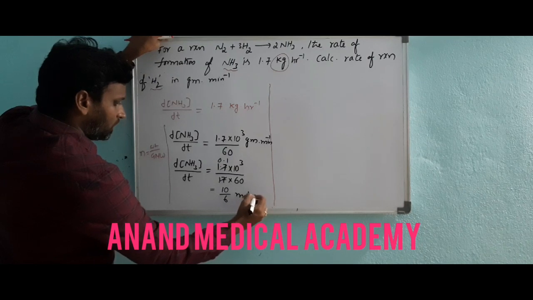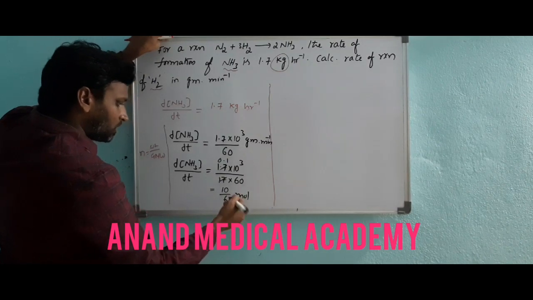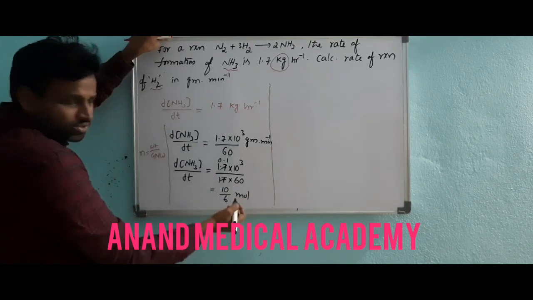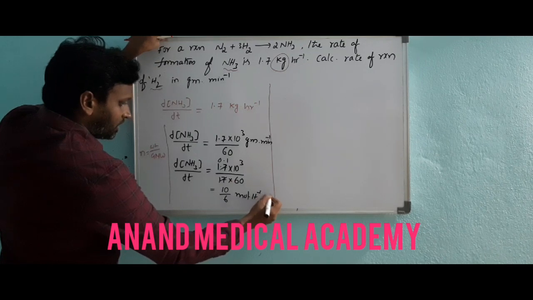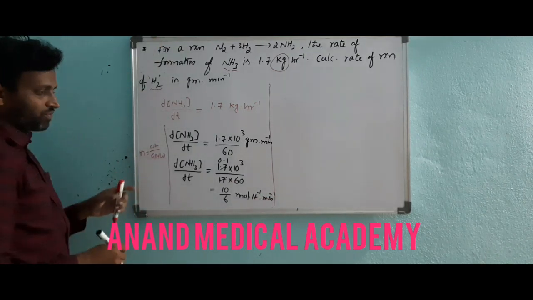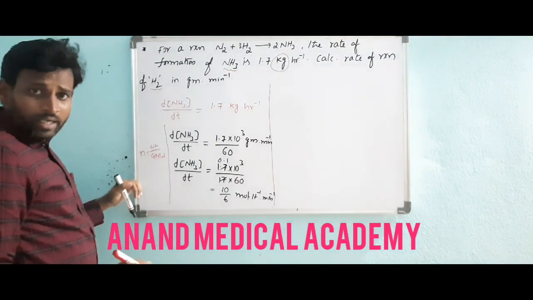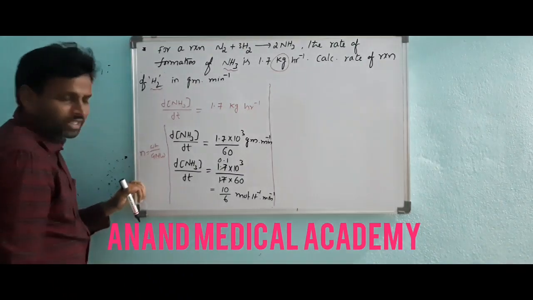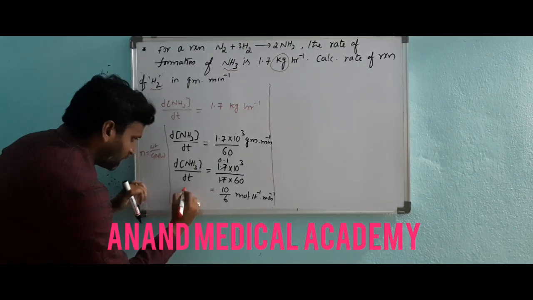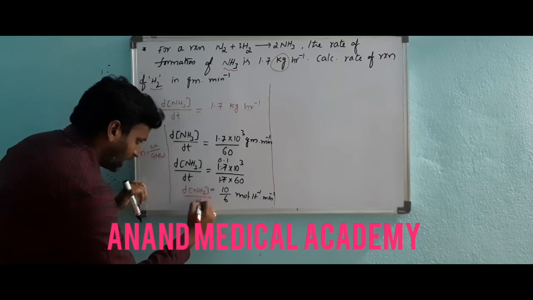Now mole, minute inverse. Concentration means per liter also you can consider. So mole liter inverse and minute inverse, in terms of moles you consider. Because you are taking per mole only, concentration means mole per liter. So this will be d concentration of NH3 by dt.